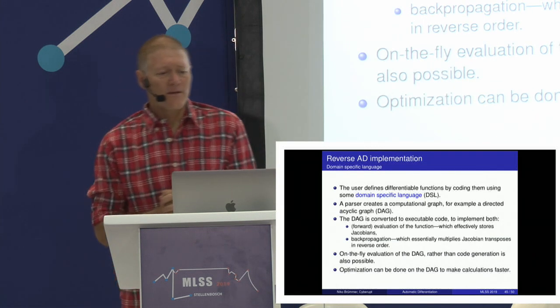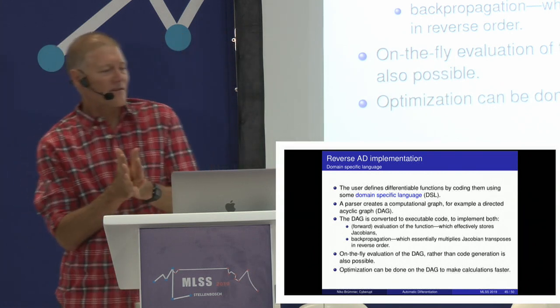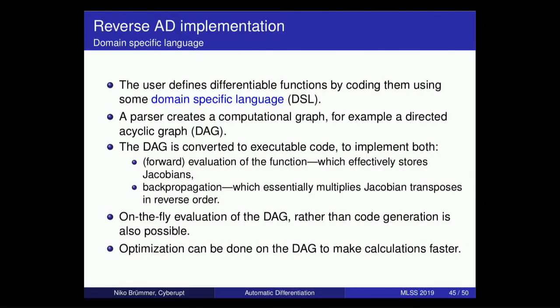One way to implement reverse mode automatic differentiation is to use some domain-specific language. I think TensorFlow works like that. The user defines his neural net or probabilistic model, whatever it is, in terms of some special language, and a parser then creates a computational graph out of this, for example, a directed acyclic graph.